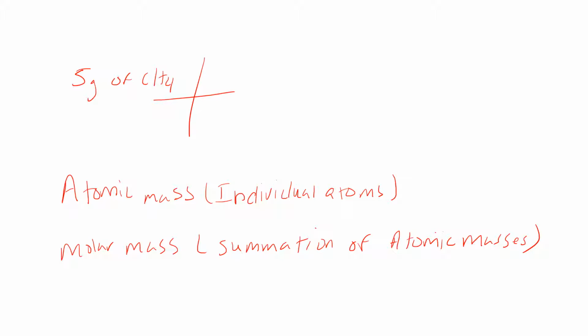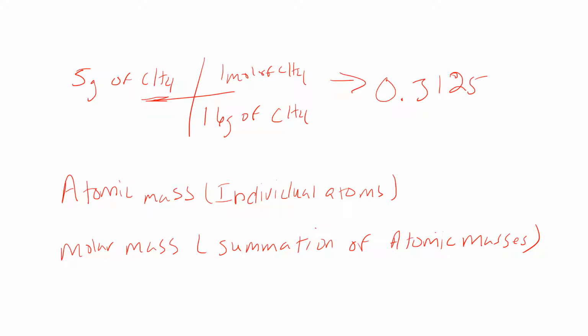What we need to figure this out is the molar mass, the summation of the atomic masses. So we take 16 grams of CH4 per 1 mole of CH4. This gives me 5 divided by 16, which is roughly 0.3125 moles.